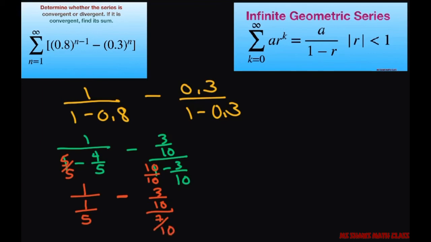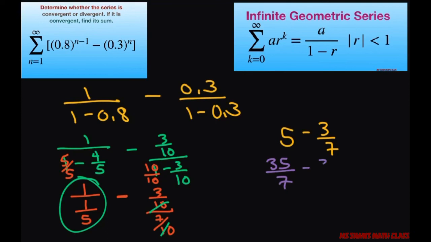So for this piece, the 10s cancel. This is just going to equal 5. So we get 5 minus 3/7. And I can write this as 35/7 minus 3/7. And that gives me 32/7. And that's it.